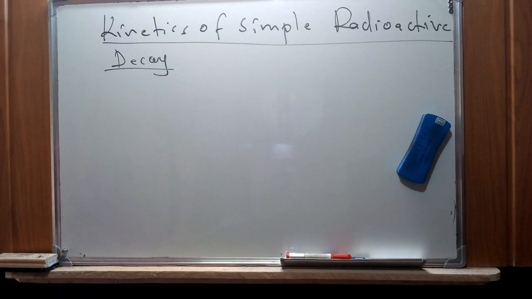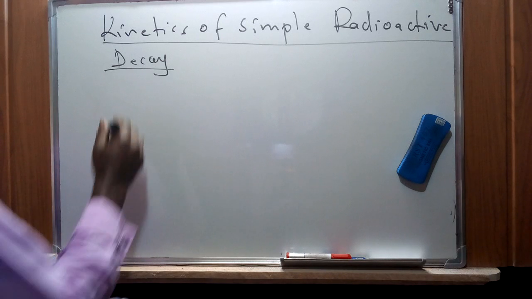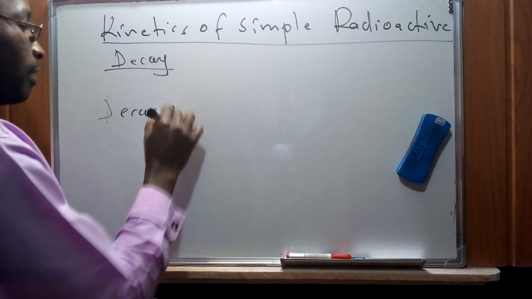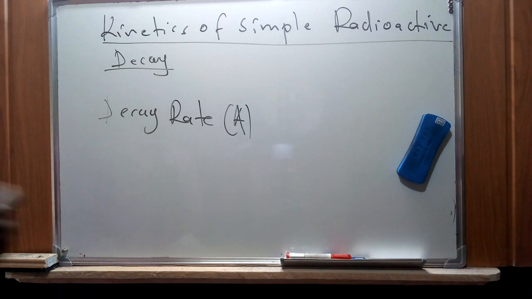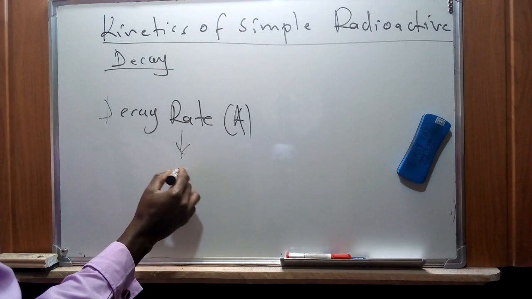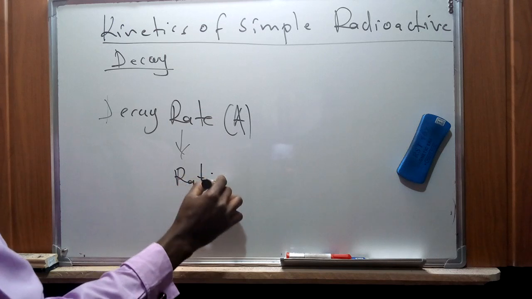Now, this one comes from the fact that, as I've said when we were introducing the actual concept of radioactivity, one cannot pinpoint which nucleus is going to disintegrate. Therefore, since it is difficult to determine which specific atom will be the next to decay, we will use the concept of decay rate, which is denoted as A. From our mathematical interpretation of the term rate, this is the ratio between specific quantities.